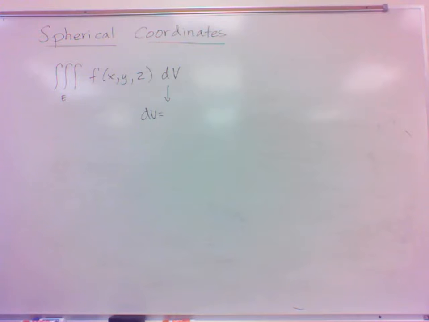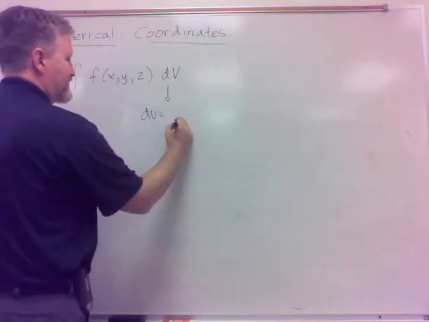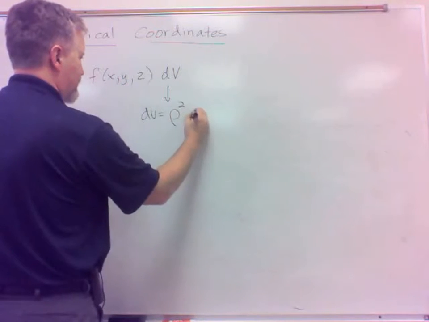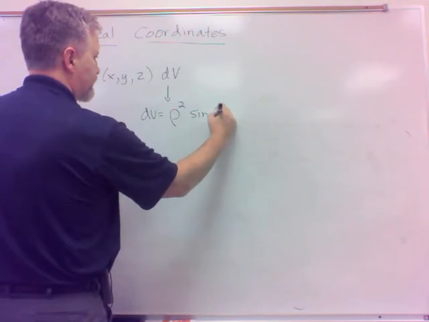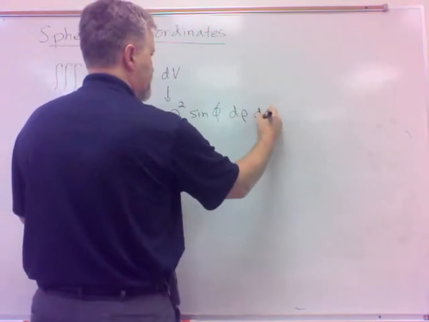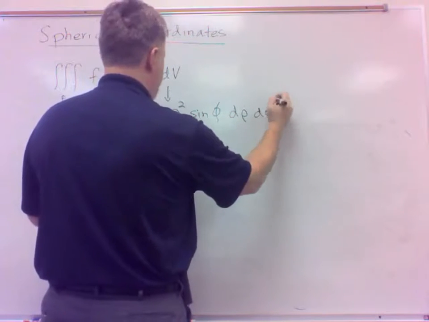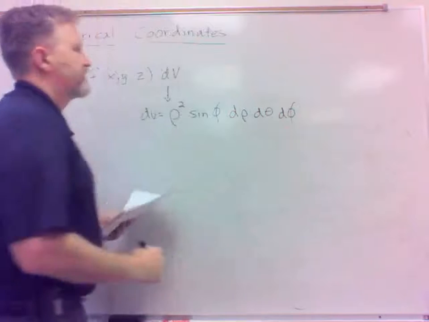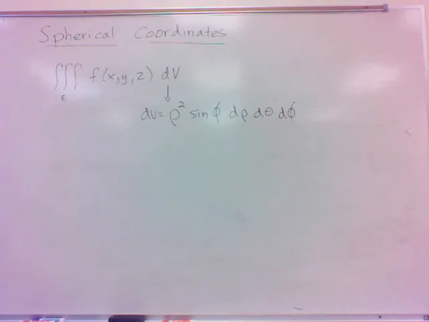Well, in spherical coordinates, dV equals, the book shows it, rho squared sine of phi d rho d theta d phi. So that's the conversion there in spherical.